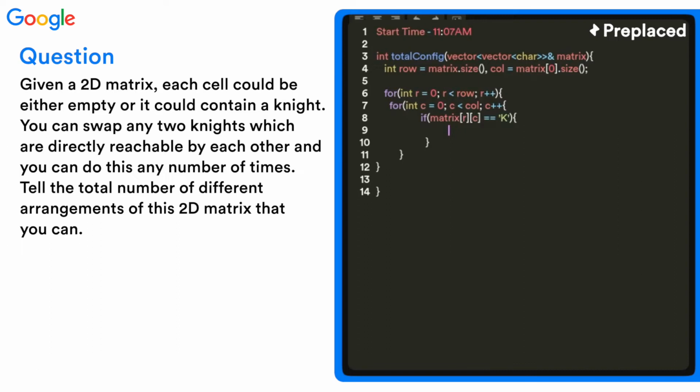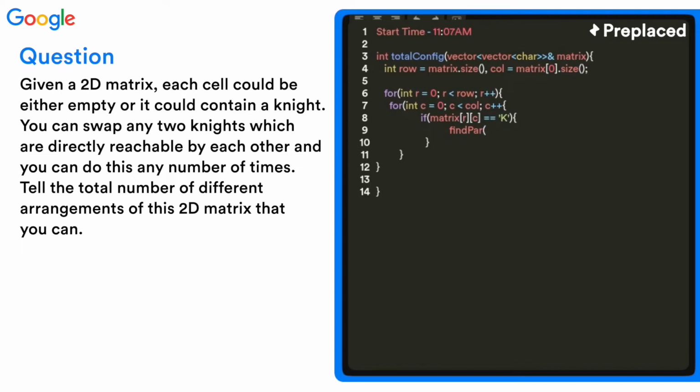I can union that position with the present position. So what I'll do is I can find the parent for this one. So let's say I'm having a function which will get me the parent for K1.